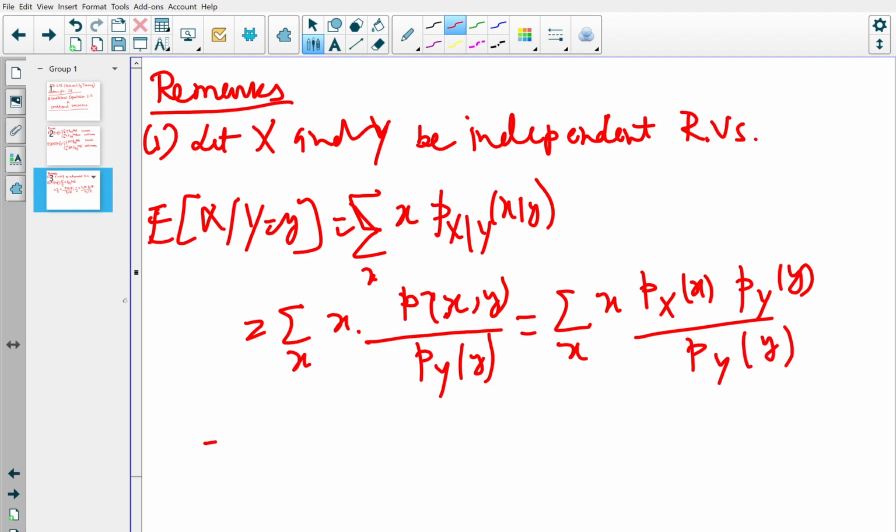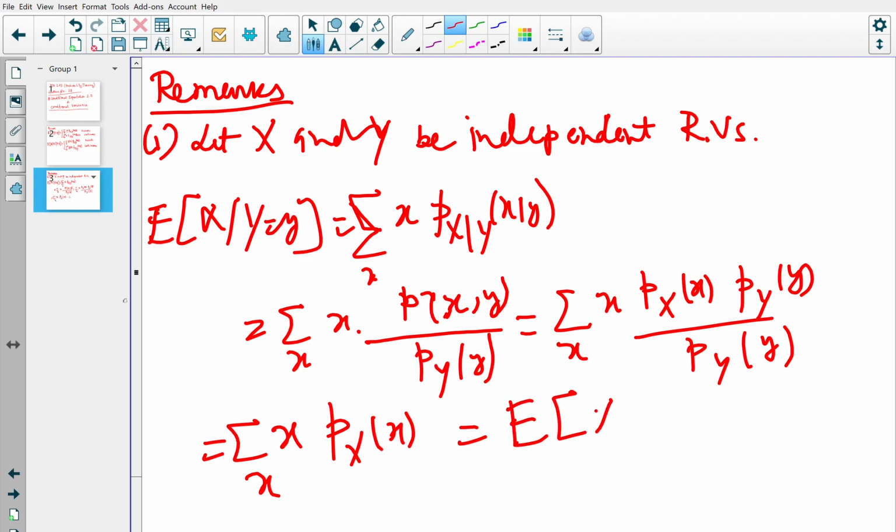Then you have the summation over x, which is nothing but the unconditional expectation. So conditional expectation becomes unconditional if X and Y are independent random variables. This is remark 1.